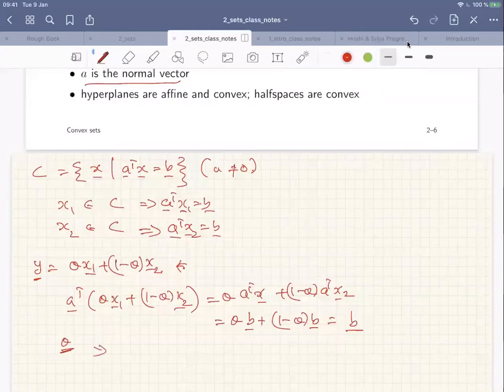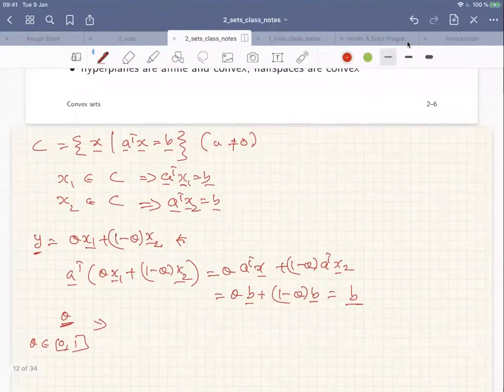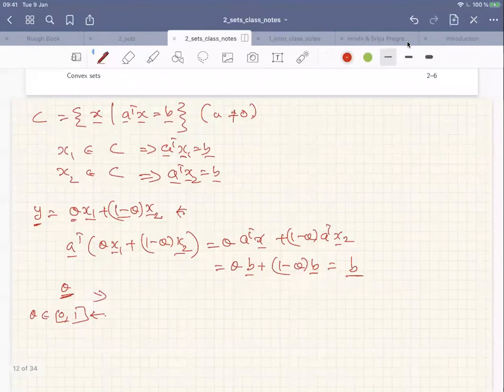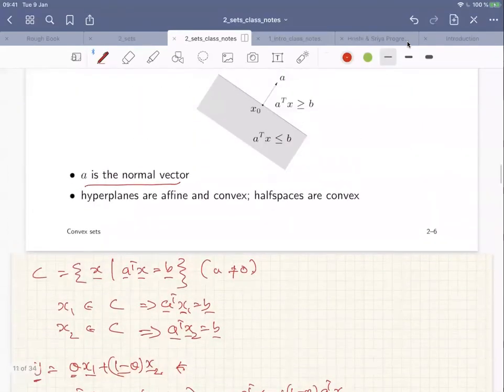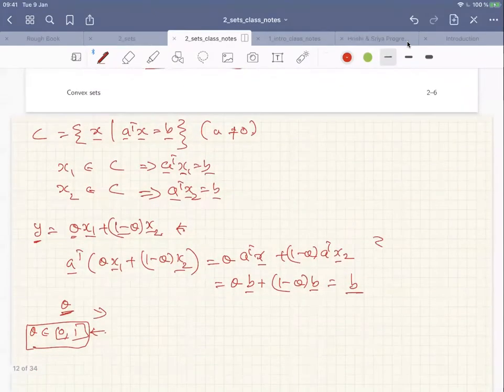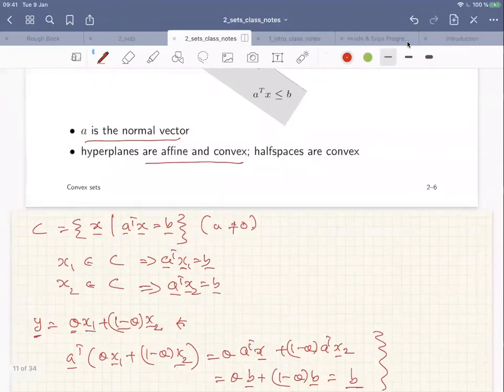So even if theta belongs to 0, 1, this is satisfied. So this is the definition of convexity, right? If theta belongs to 0, 1 and the weights add up to 1, then it is convex. But you can very easily verify that for affine combinations also this is satisfied. So there is no constraint like theta should belong to 0 or 1. So then we can say that hyperplanes are affine and convex, right? Because this proof is general for both affine sets and convex sets. So hyperplanes are both affine and convex.